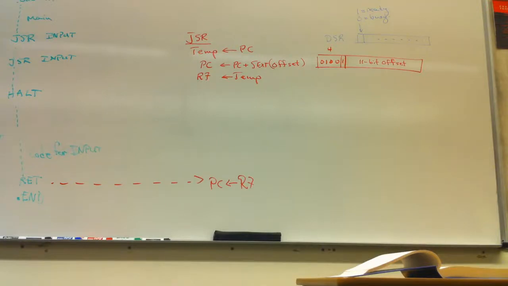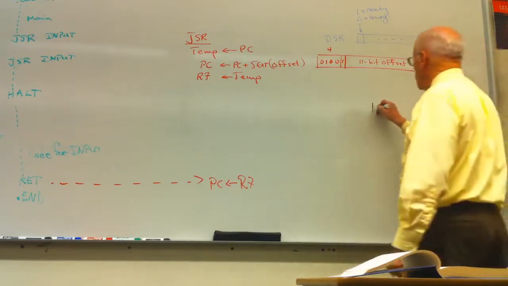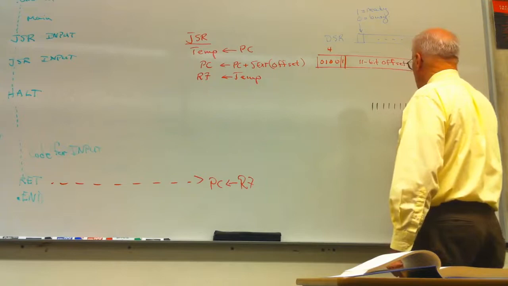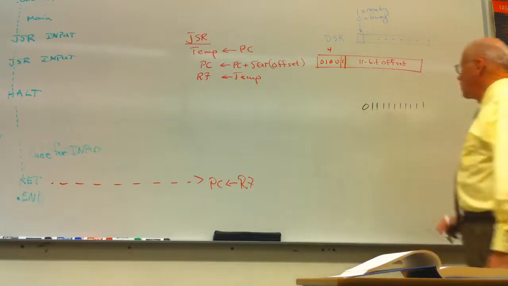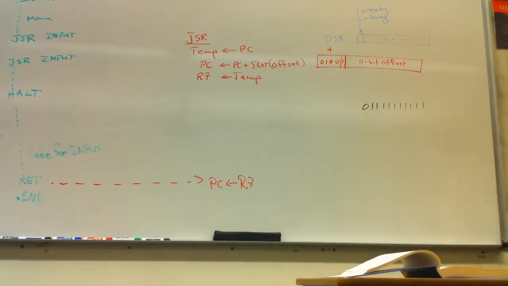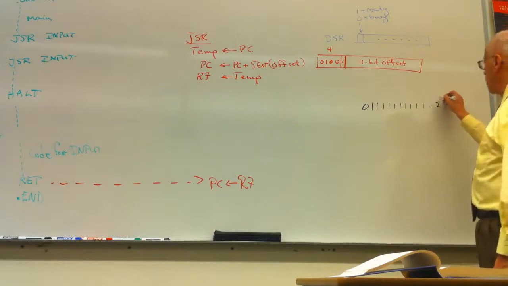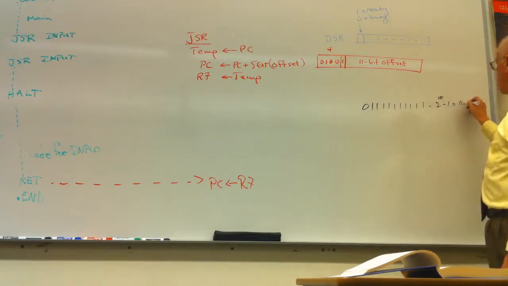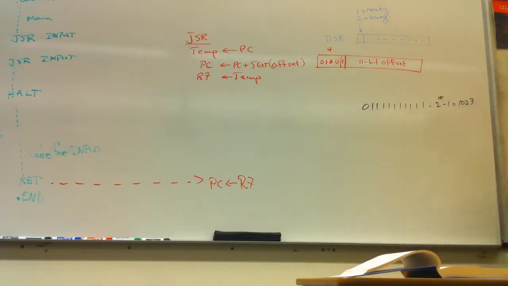Because it is a signed number, you can branch back or forward, either one. So the farthest forward you can go is this, which happens to be 2 to the 10th minus 1, or 1,023. You can go over 1,000 memory locations.